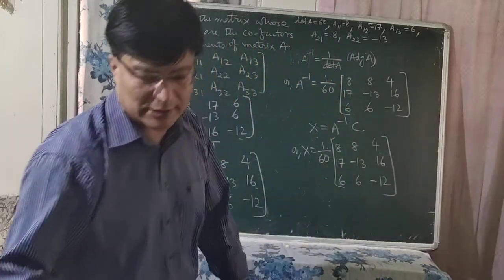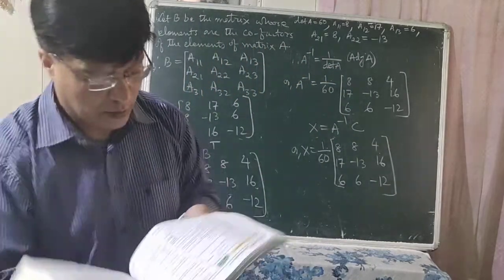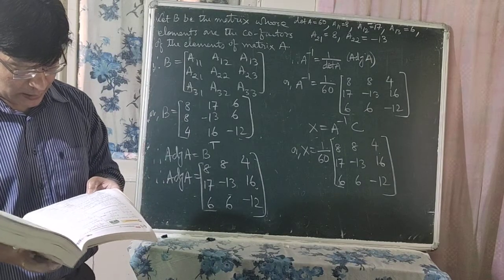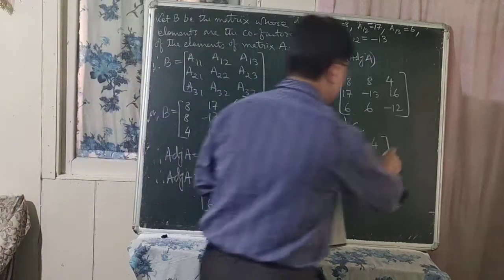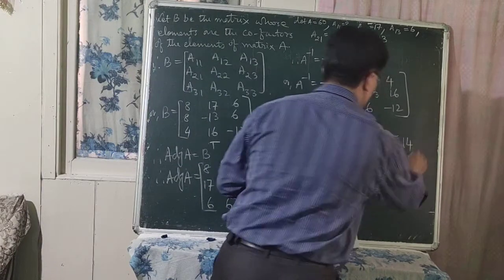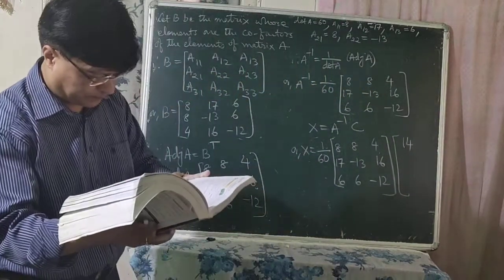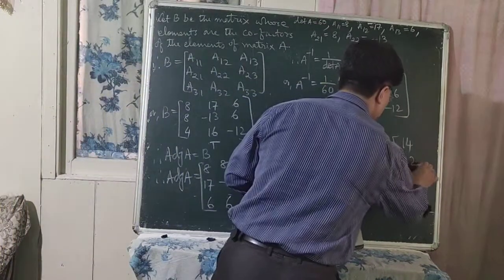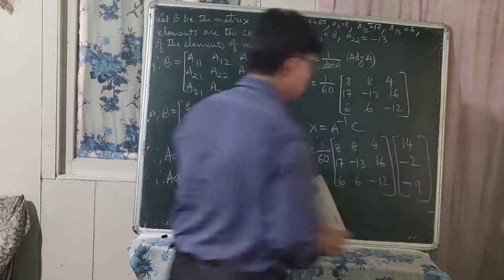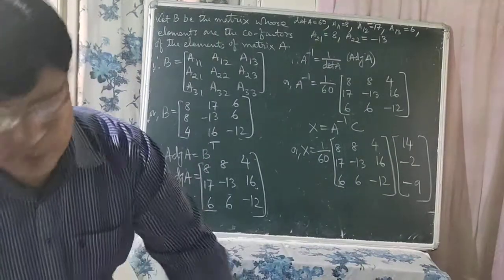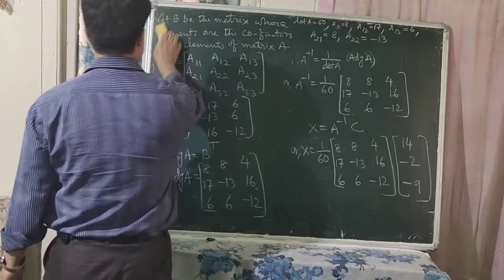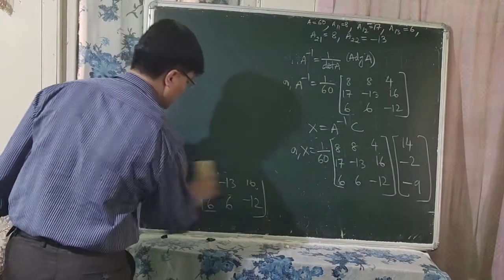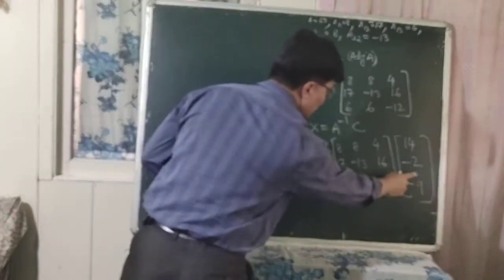And what was capital C, the constant matrix in this case? It is 14, then next minus 2, minus 9. Okay? So you can multiply these two matrices.